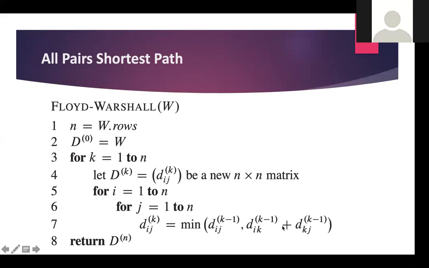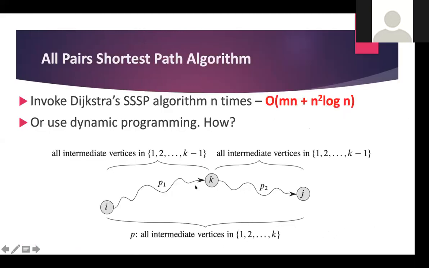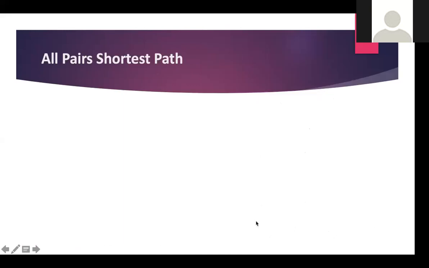And this formula, it turns out, comes from this figure that we saw. So it says that either the shortest distance from I to j is what we've already figured out, or it goes through k. And you see that that's exactly what you see in the code here.